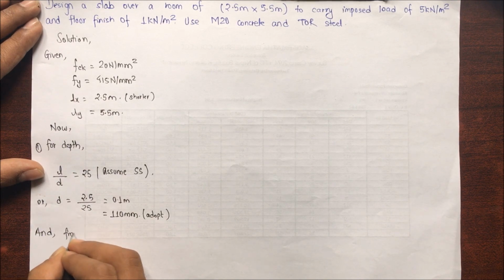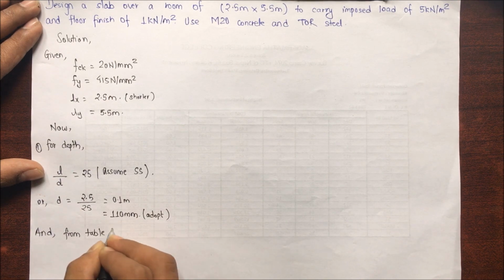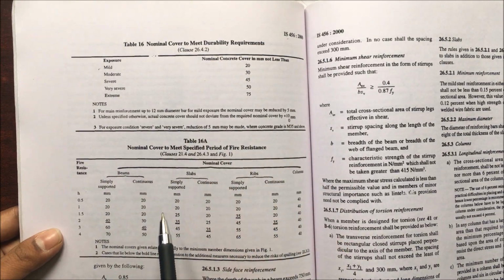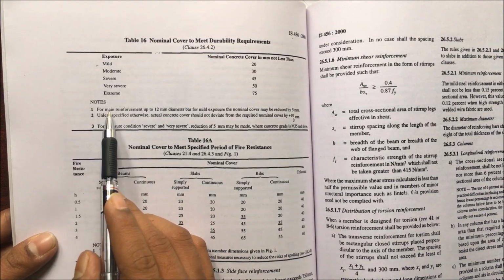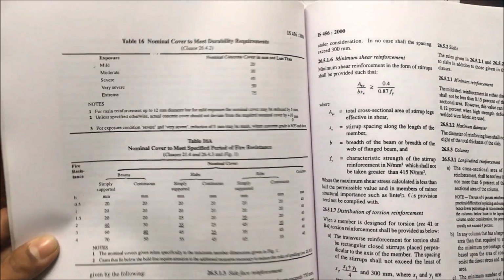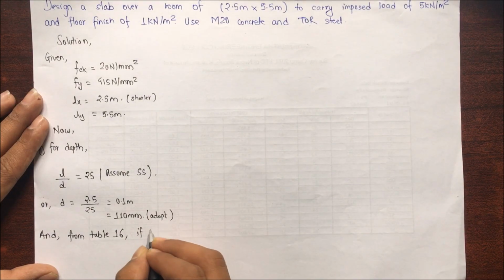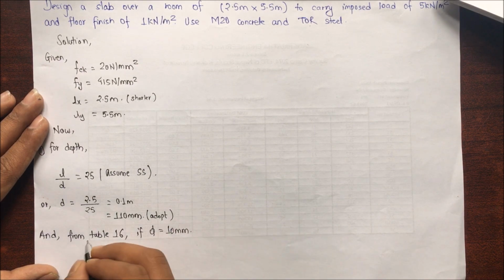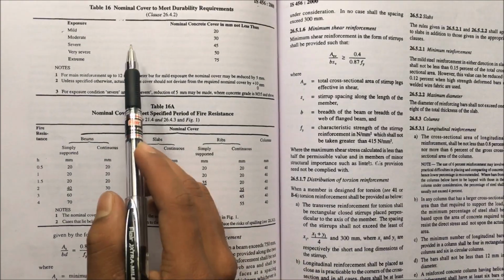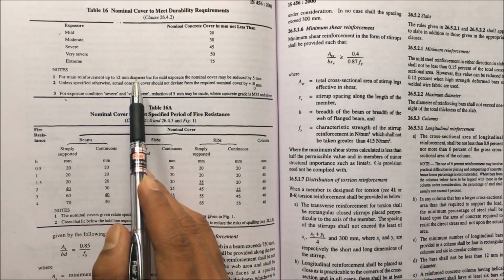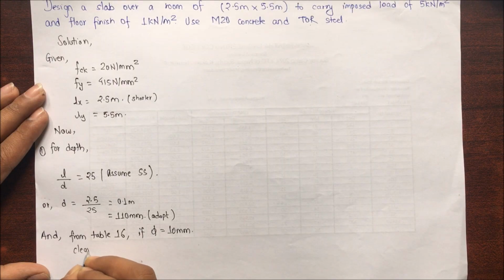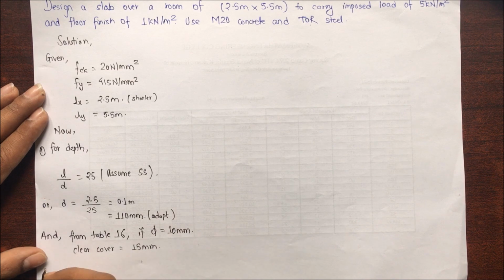And from Table 16, we have the nominal cover; make sure that 110 mm is the effective depth. Now we have to calculate the overall depth: the effective depth plus the bar size of 10 mm. It is up to you whichever size you take. So I'm taking 10 mm, and for reinforcement up to 12 mm we can deduct 5 from the nominal cover. Considering the mild exposure we get 20, and subtracting 5 we get 15 mm clear cover.